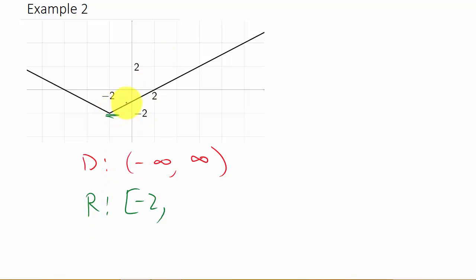Then the graph is increasing forever, going to +infinity. Also on this side, if we go back towards -infinity, it's going to +infinity too. So the range would be -2 to +infinity.